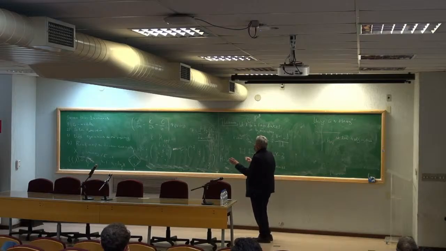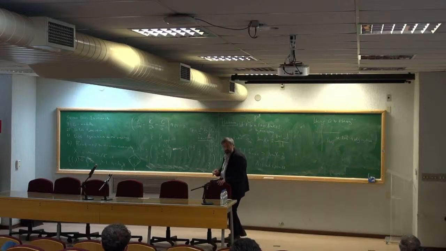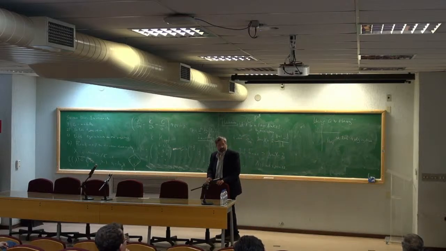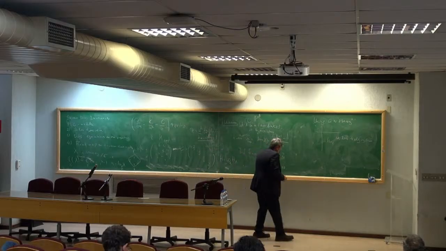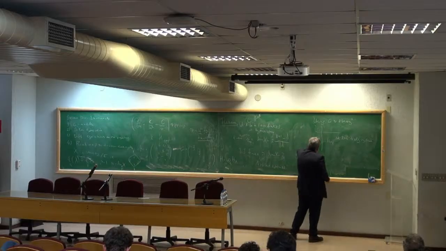So let me outline the roadmap. How much time do I have? Okay, so I have to cut it short. So let me describe this roadmap and do one example at the end.